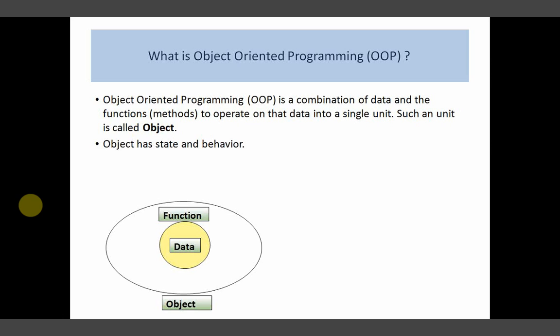State is nothing but identity. That identity is provided when the respective object gets memory allocation. When we discuss object-oriented programming, there are two terms that come into the picture: class and object.